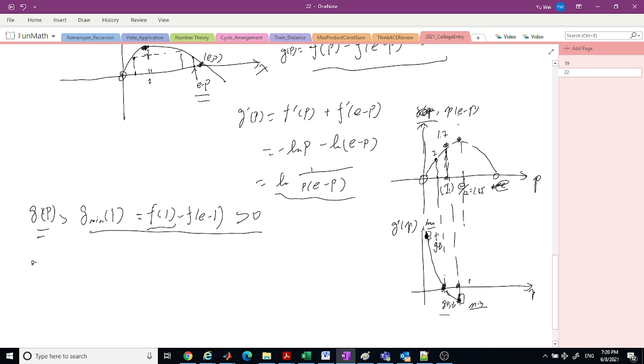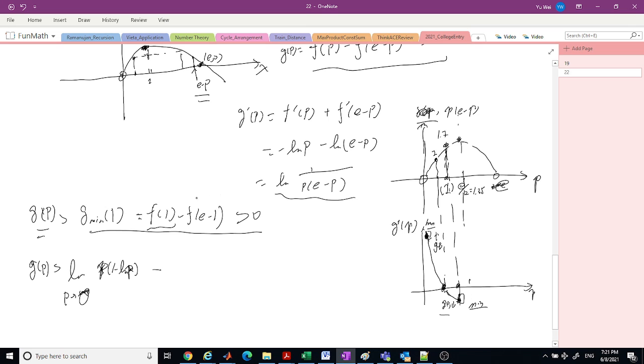Okay, now the other one is g(p) greater than the limit, because p can only approach 0, right? So that means when p is approaching 0, now we have x, right, and 1 minus log x, then minus this is the p, right?